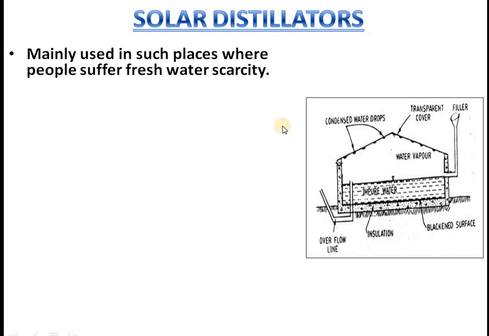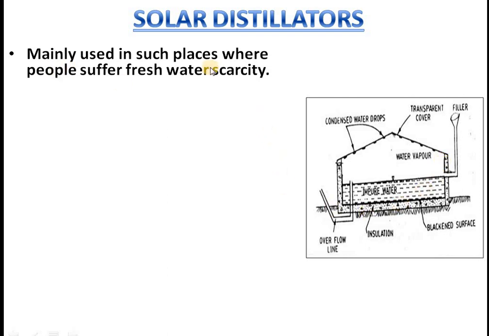Subsequently they roll down along this slope, and there will be a trough here, a carrying container. On the container, these drops fall down, and you can collect them and use them for any purpose, for human consumption. This is the simple principle of working of a solar distillation.